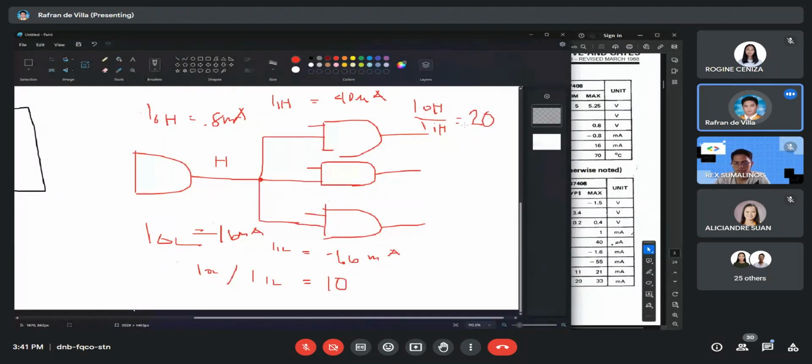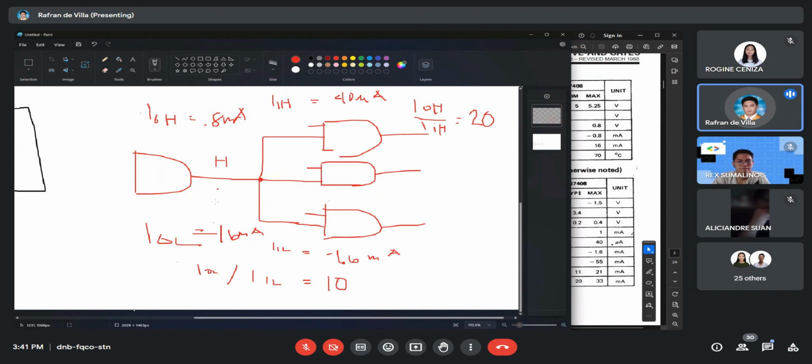Okay? So kung tan-aw ninyo guys, mas daghang input sa AND gate ang makontrol kung high ang signal. Okay? So take note, kung mag-high ni siya, ang output nato 20 kabuok ang pwedeng makontrol niya.